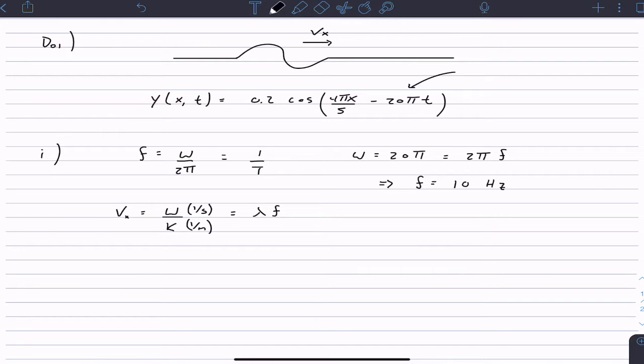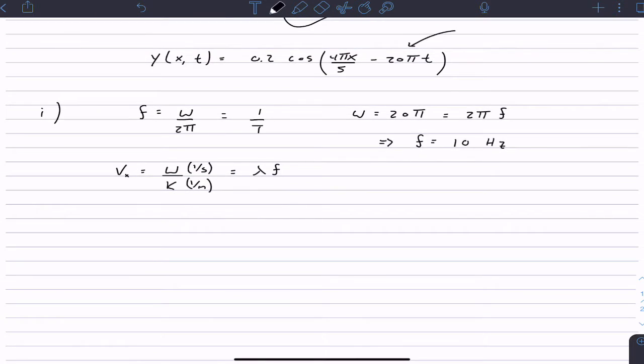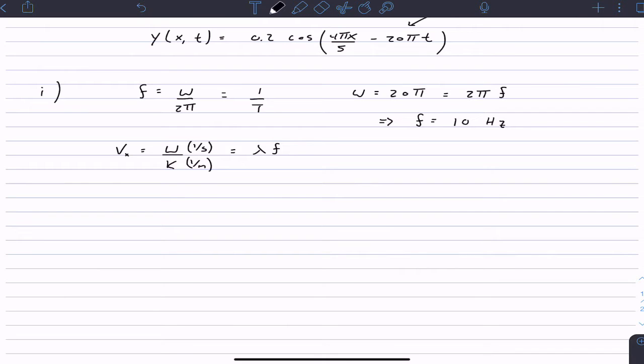And lambda has a relationship with k, right? So k is 2 pi over lambda, and that's equal to 4 pi over 5 from up here. Right, so then that means that lambda is equal to 5 over 2.